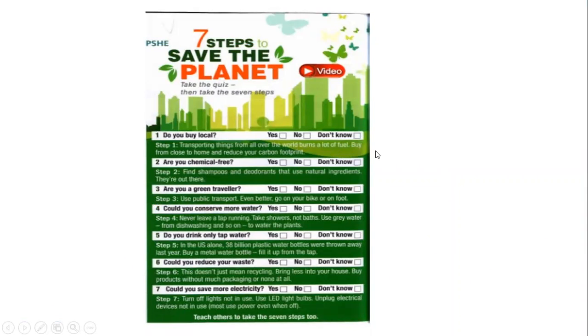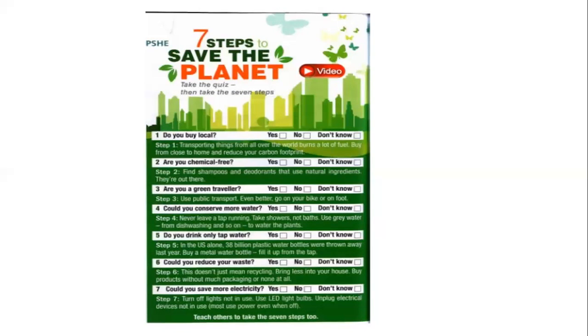So this is polluting the air. So buying food which is produced somewhere near around us is important. Also, buying products that contain only natural ingredients is important as well. Using public transport is another important thing we should know and be aware of. It's better to use a bike or just walk.